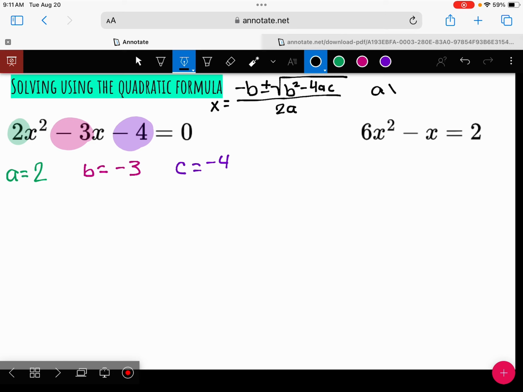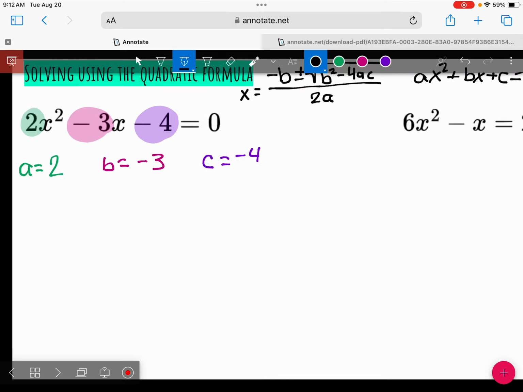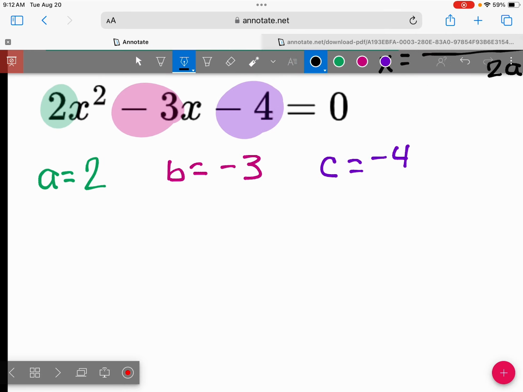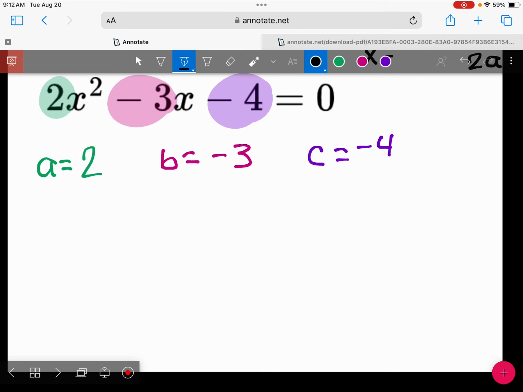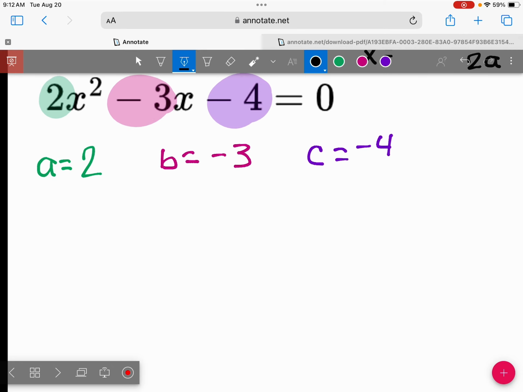Our ax squared plus bx plus c equals 0. That's where we're getting that a, b, and c from. It's coming from our standard form. When I do these, I always start out with pure substitution and not simplifying anything in. It makes it much easier to check that I got all the pieces in all the right places. And I will almost always color code like this.